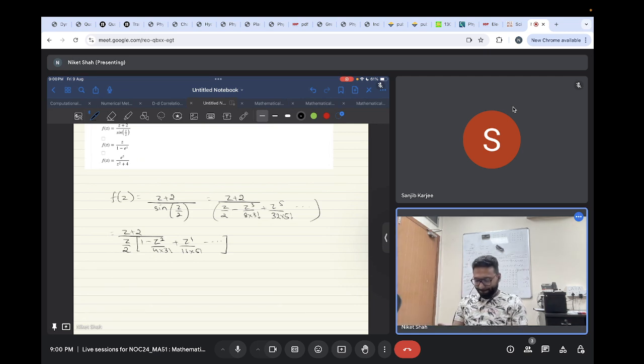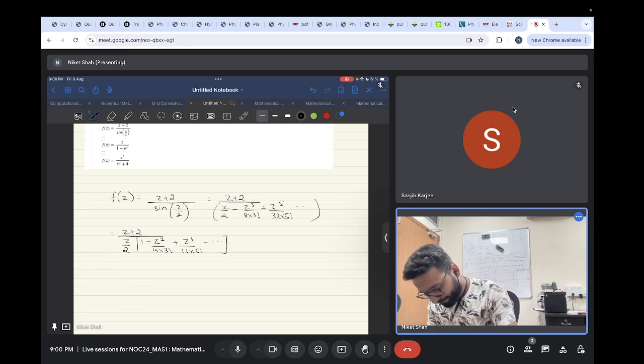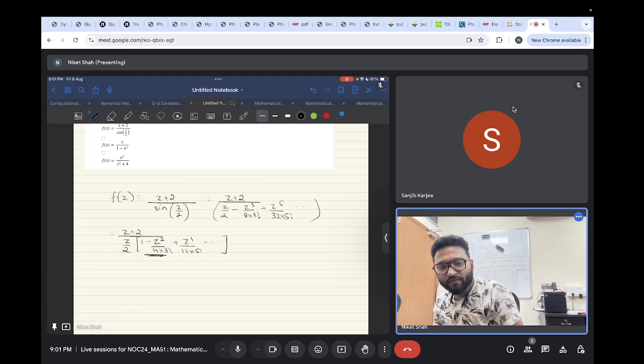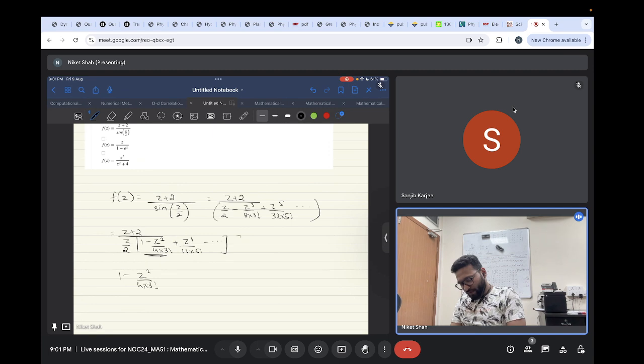And this thing is just 1 minus z square by 4 into 3 factorial plus z power 4 by 16 into 5 factorial, whole raised to minus 1.